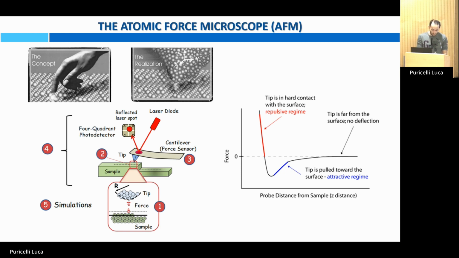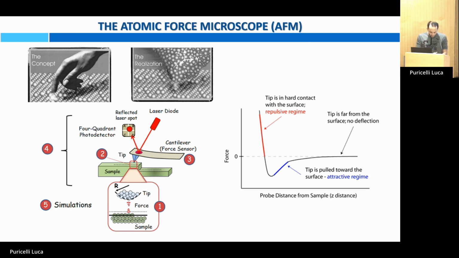The tip is attached to an elastic lever, called the cantilever, which is a force sensor. A laser is reflected over the backside of this cantilever, ending on a photodiode, which can easily measure the deflection of the lever in both lateral and vertical directions.